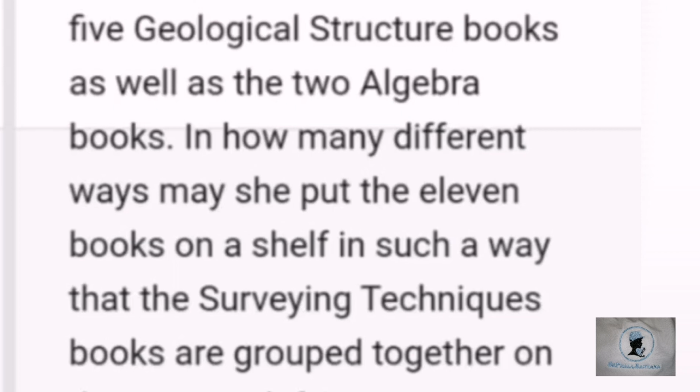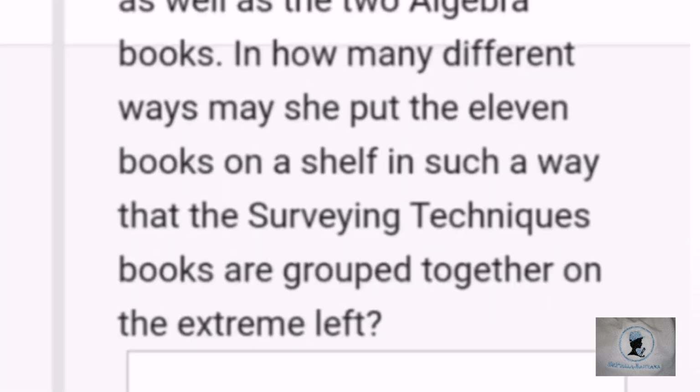In how many different ways may she put the 11 books on a shelf in such a way that the surveying techniques books are grouped together on the extreme left?